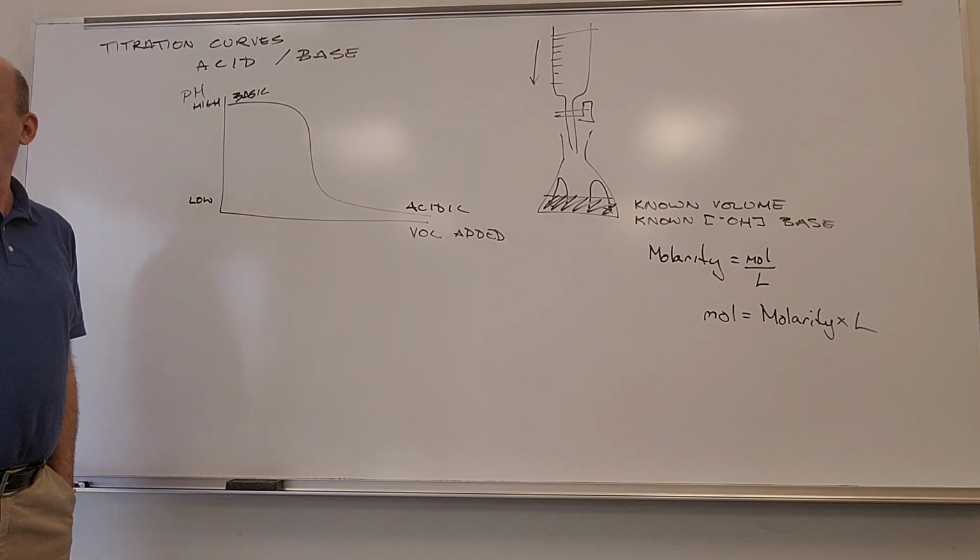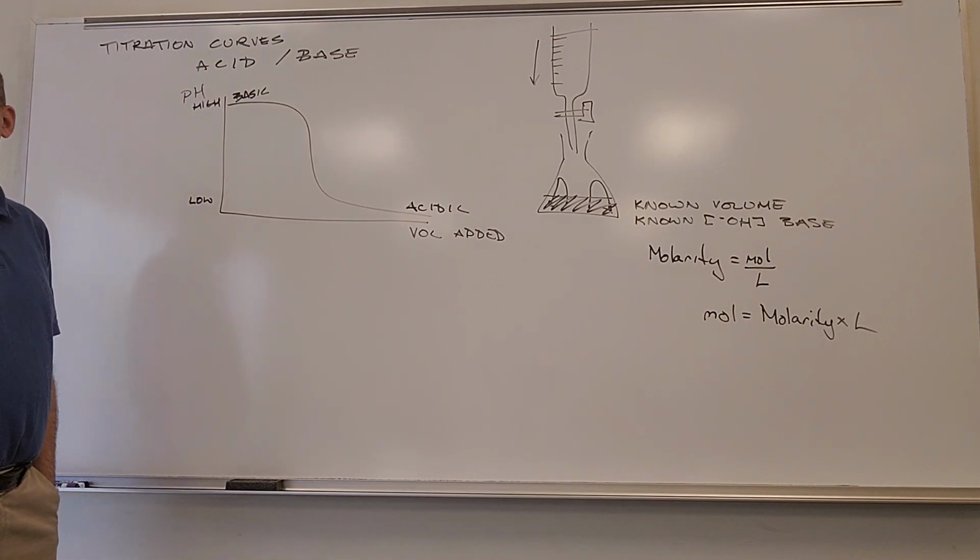Okay, do I know the volume and the concentration of the acid? You will eventually know volume of acid, but you don't know the concentration. Yeah. If I knew the concentration and volume of the acid, why am I even bothering doing this? It's not an experiment.